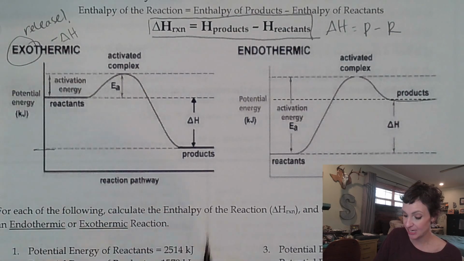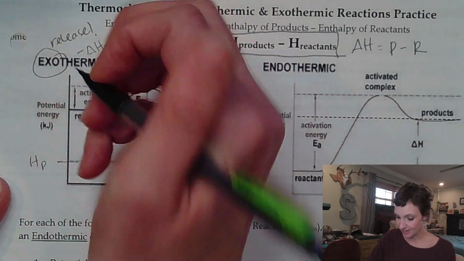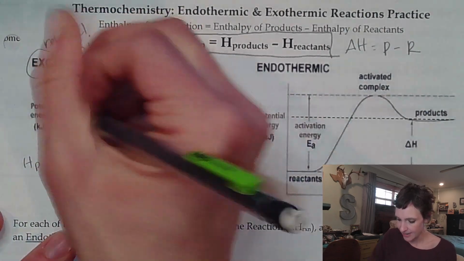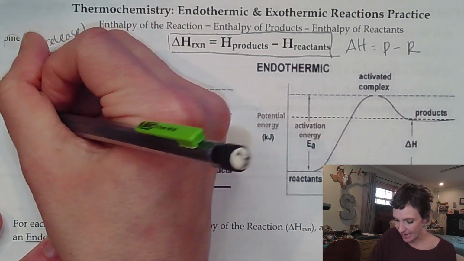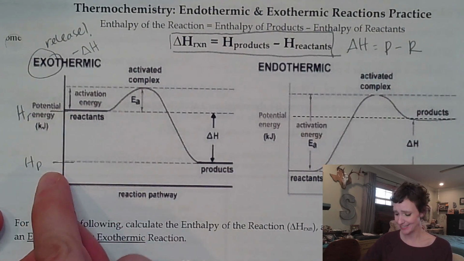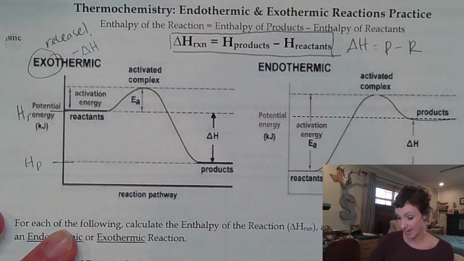Here's my energy of my products, so that's my H of my products. And here's my energy of my reactants, or my H of my R, okay? The products minus the reactants: this is a smaller number than this one, so I am going to get a negative delta H, okay?